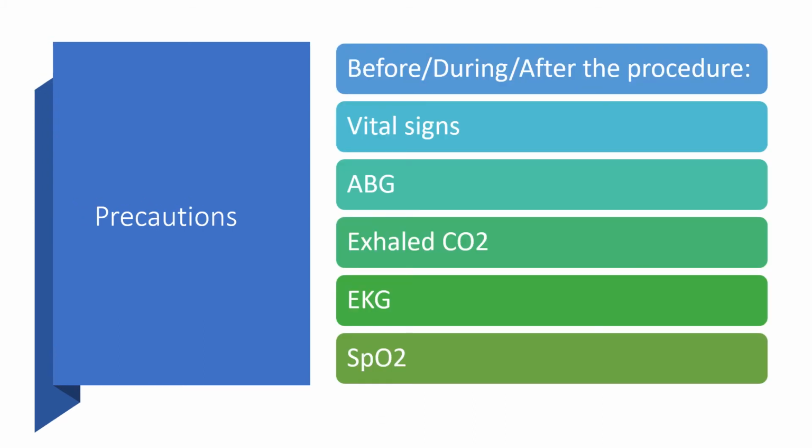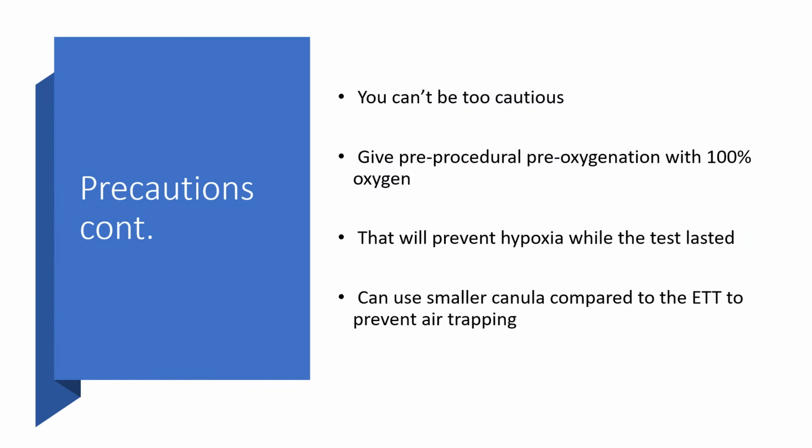There are certain precautions when it comes to the apnea test, and these precautions must be taken before, during, and after the procedure. Vital signs must all be checked. Arterial blood gases must all be taken. End-tidal CO2 level, EKG, and of course oxygen.